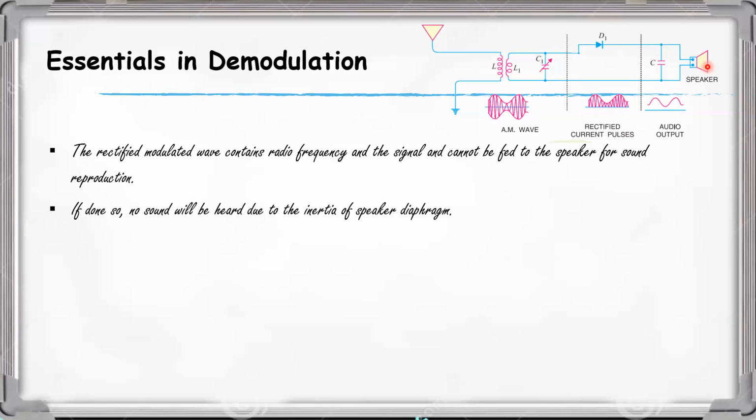So the diaphragm of the speaker can't perform that vibration.